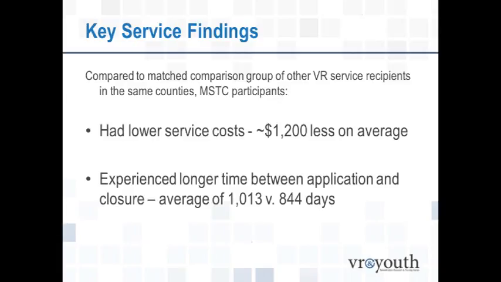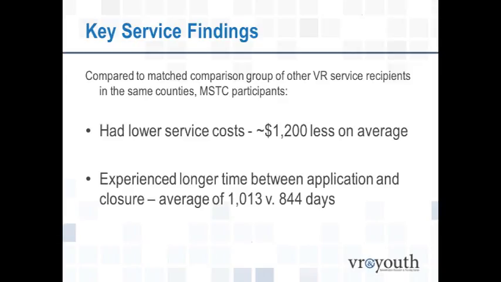Again, this makes intuitive sense in that if the VR is working collaboratively with the schools and the CRPs and other agencies, then they're effectively maximizing the respective resources of all those collaborators and ending up spending less money. Another key important finding, which I'll discuss a little bit more as I get toward the end of this.